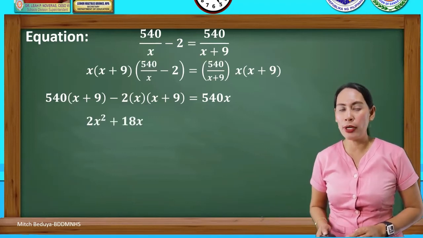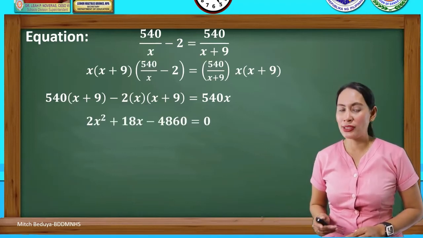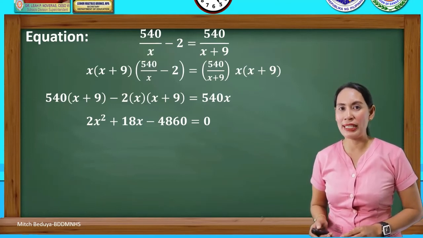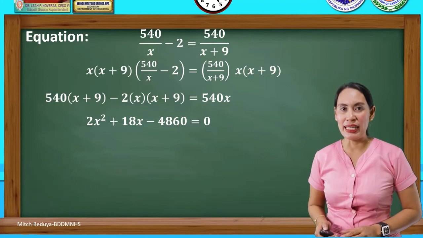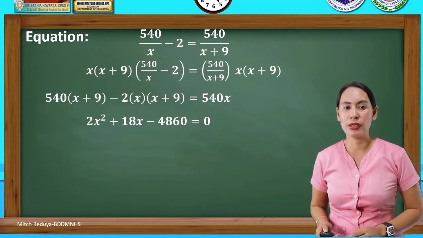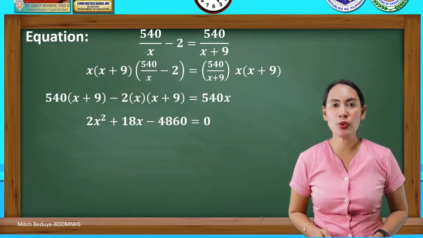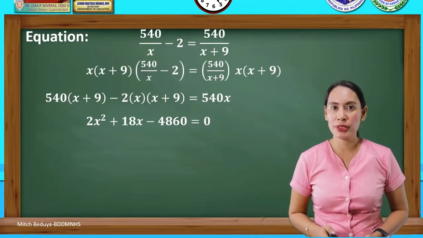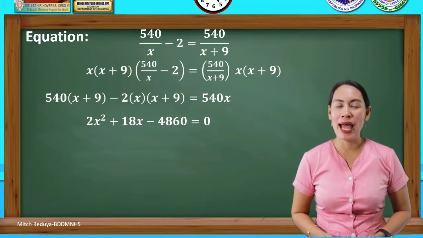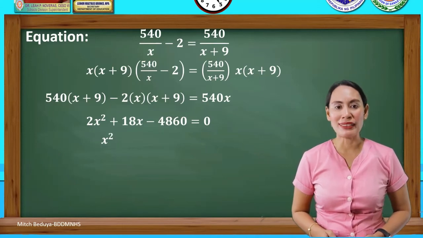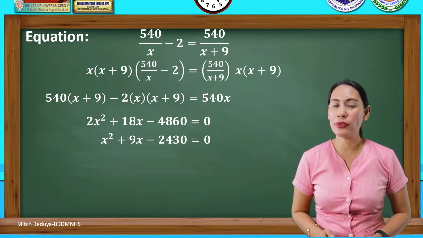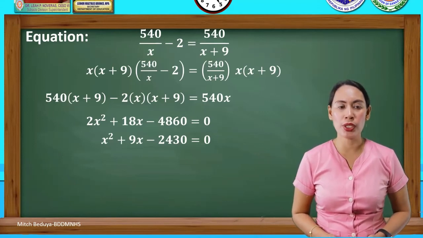The standard form is 2x squared plus 18x minus 4,860 equals 0. Next, we reduce the equation by dividing each term of the equation by 2. So we have x squared plus 9x minus 2,430 equals 0. By the factoring method, we solve the equation.